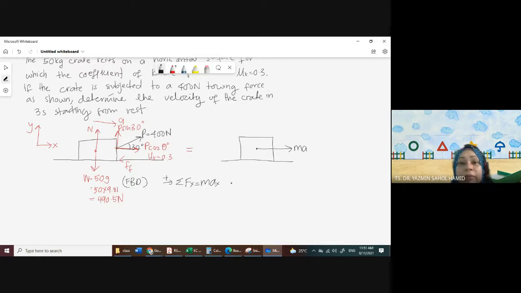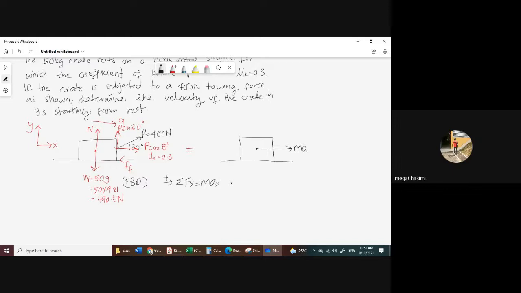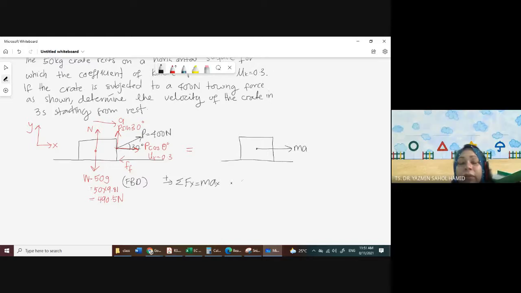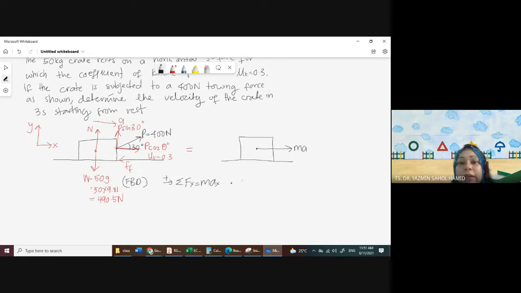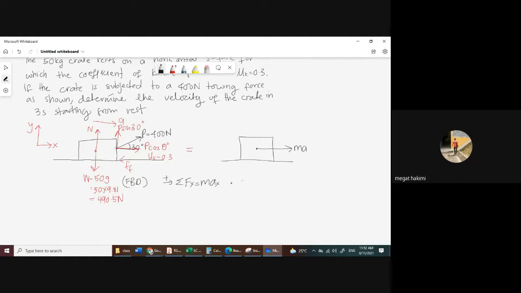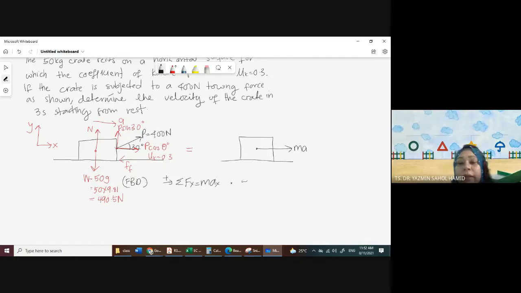I told you, give me the equation, Megat. Megat, are you here? Yes, madam. Megat, now, the equation in the x direction. Minus Ff.